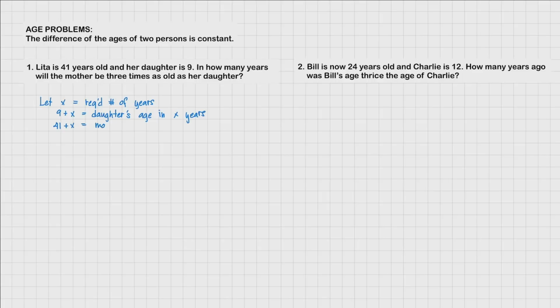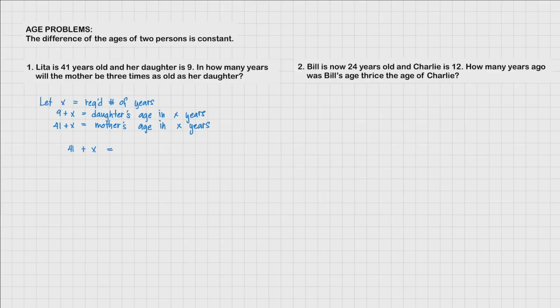So this is our mother's age in x years. Now, the equation would be based on the mother's age in x years, which would be 41 plus x.